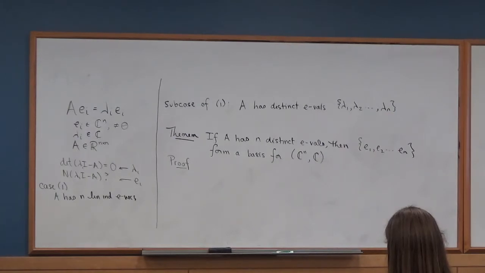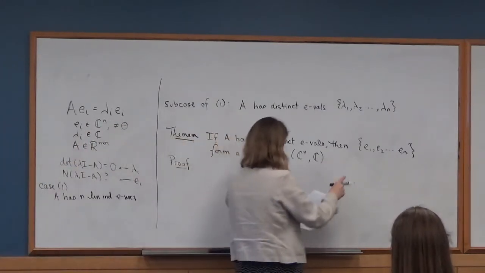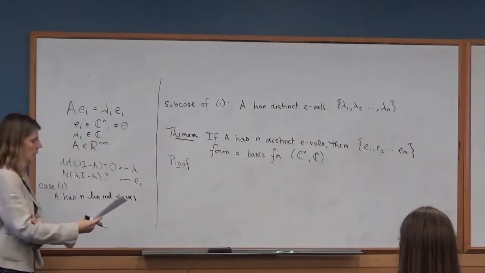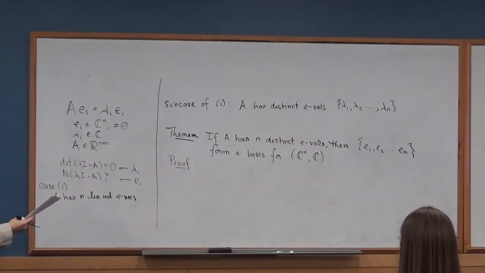there's probably a number of different ways you could do it. The way I did it was assume that they're not independent, and then derive a contradiction with the fact that A has n distinct eigenvalues.